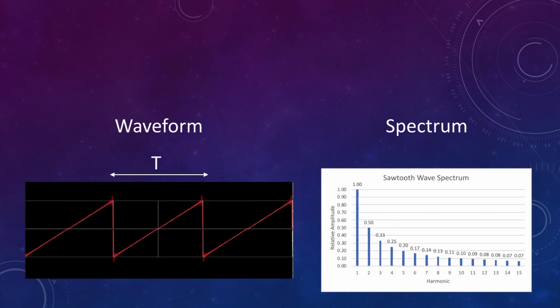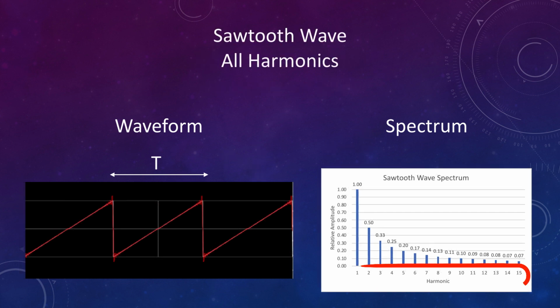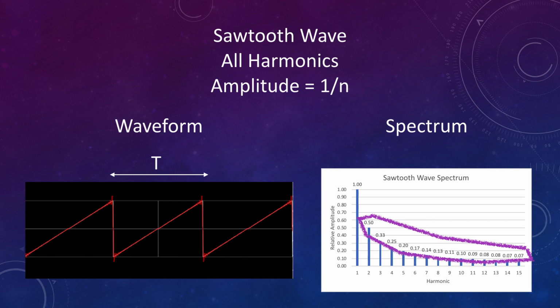A sawtooth wave looks like the teeth of a saw and is made up of all harmonics. Like the square wave, the amplitude of each harmonic is equal to 1 over n. And again, you can find the period using 1 over F1, and you can find F1 by using 1 over T. Here's what a sawtooth wave sounds like.